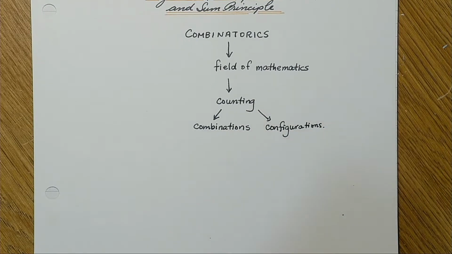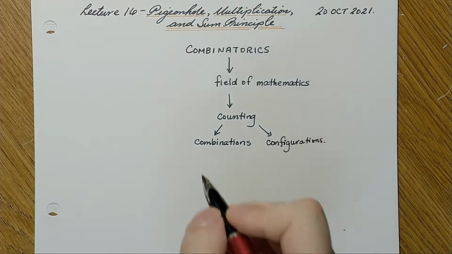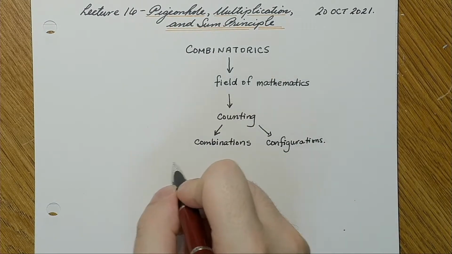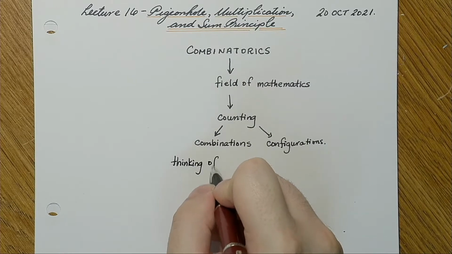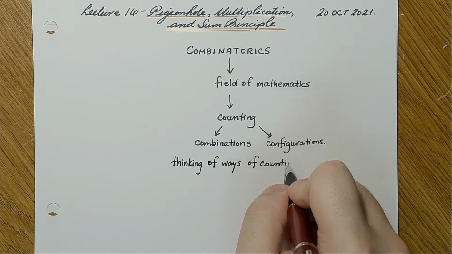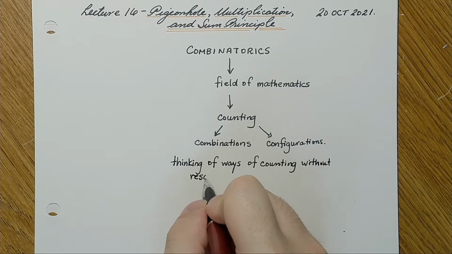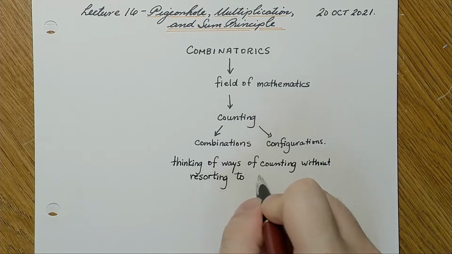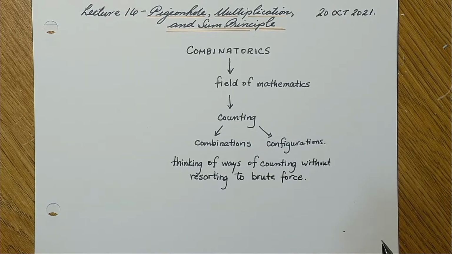The idea behind this is not to brute force it, but to come up with more elegant ways of counting without actually having to do it. So just thinking of ways of counting without having to resort to brute force.